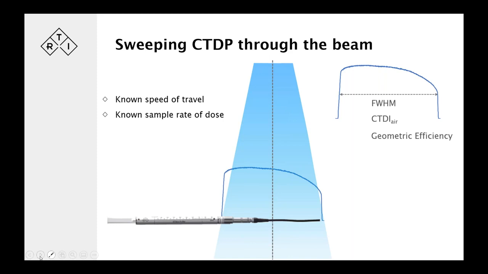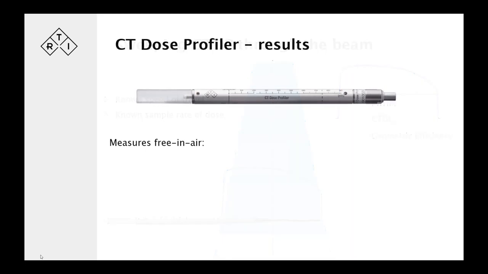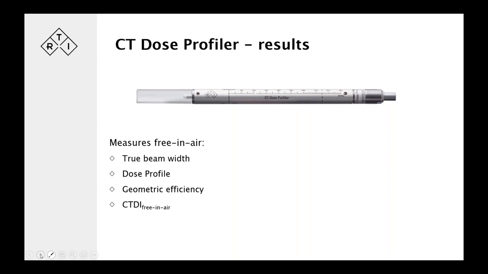Now, this is a way which is easy to fit and to work with, and it gives you a quick response. So it gives you the true beam width, free in air, recreates the dose profile, so you can have a check of the geometric efficiency, as well as the CTDI free in air.